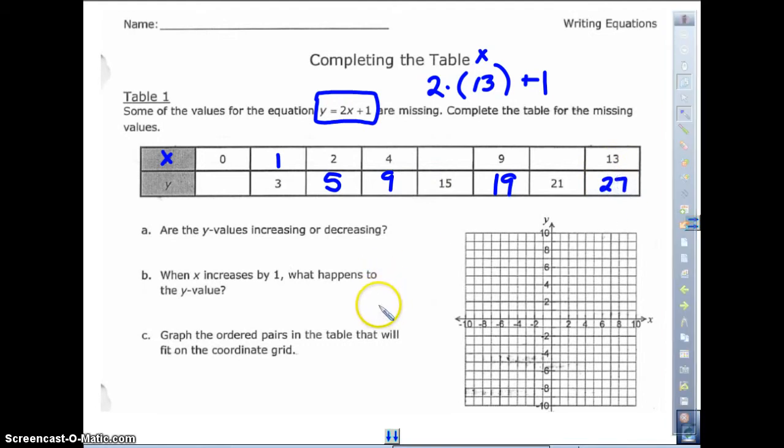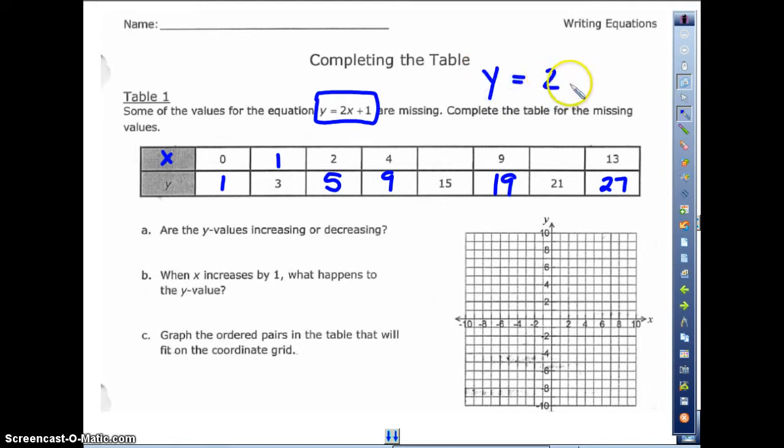Okay, we got us some numbers going here. Now we have to work this backwards. They're giving us the y value. Actually, we could put in one more. We forgot to put in the 0. Let's put in a 0 here. 2 times 0 plus 1. Right, there we go.